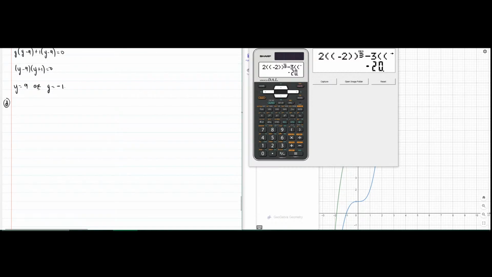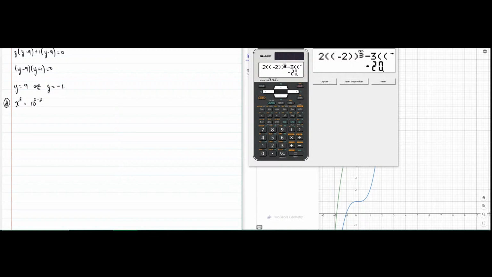Part D. Express x cubed is equal to 10 to the power x minus 3 in the form so by so.